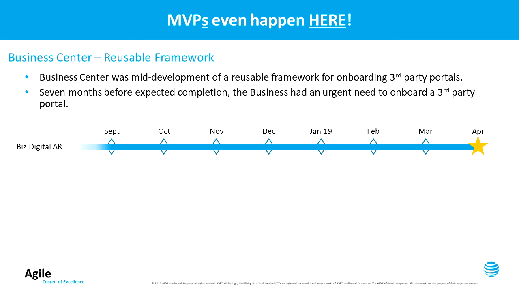The urgency of this request was due to a compliance requirement that the portal must meet by January of 2019. Problem is that the Business Center solution wouldn't be available until April of 2019.